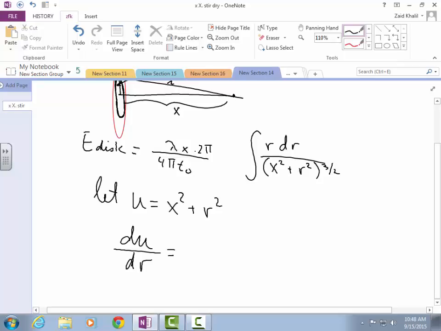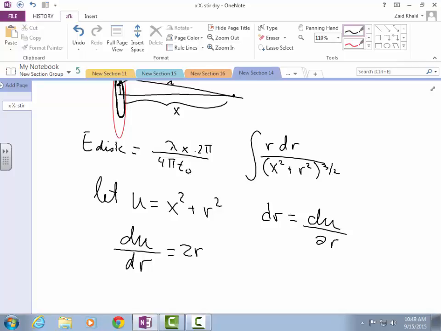Be careful. 2r. So therefore, dr is equal to du over 2r. That's just differentiating u with respect to r. X is constant, right? That's the derivative of u with respect to r.